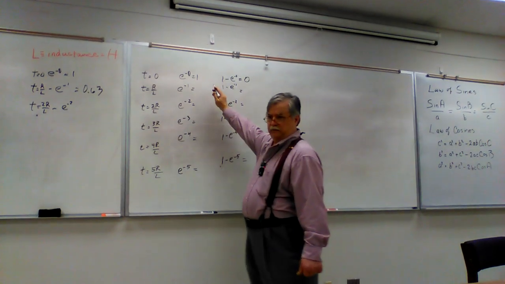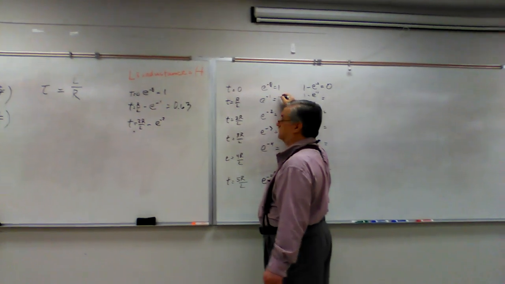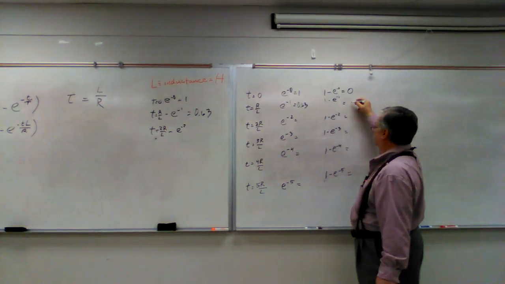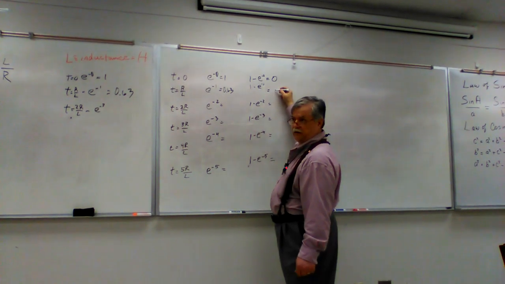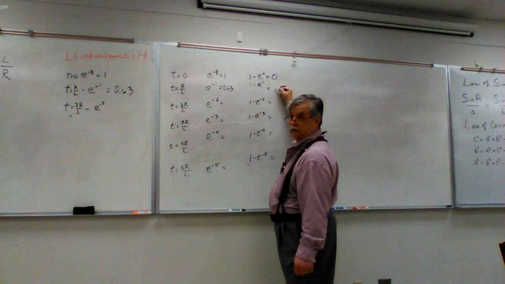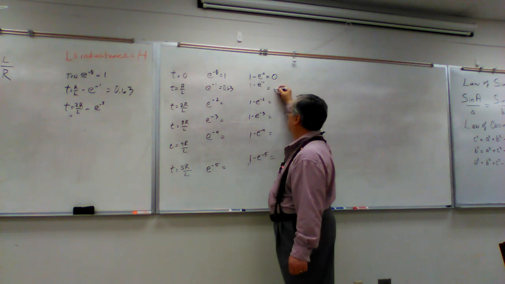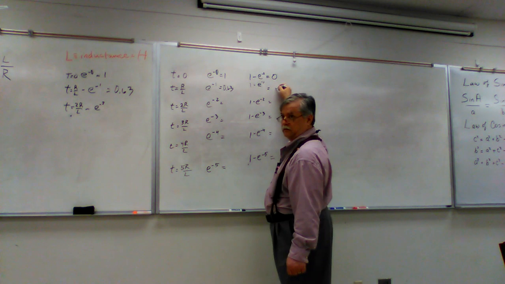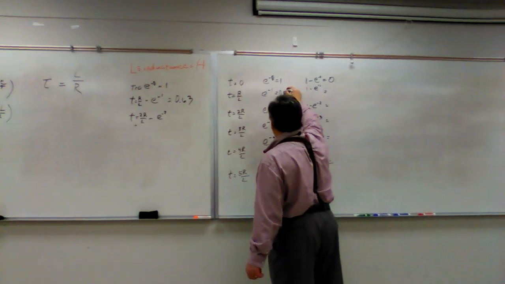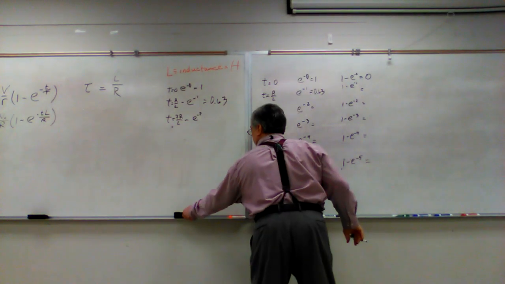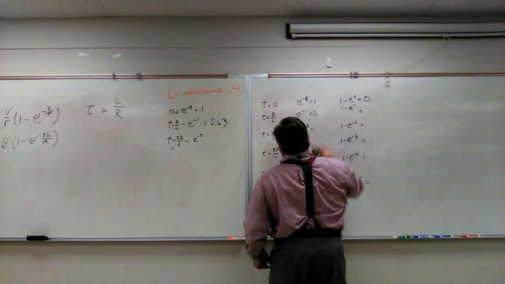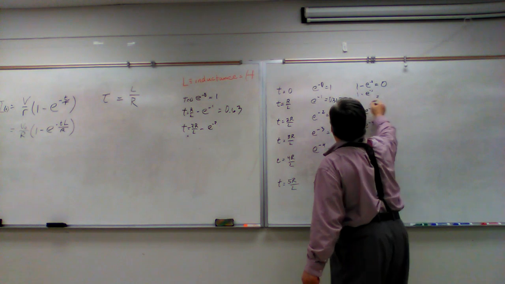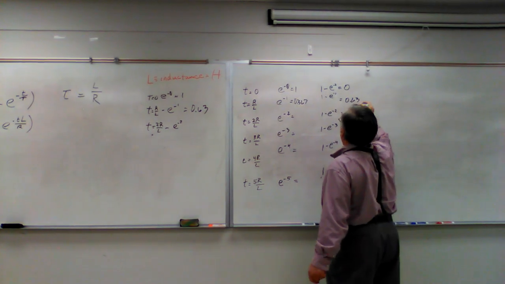What's e to the minus 1? 0.37. 1 minus e to the minus 1, 1 minus 0.37, this is 0.63.